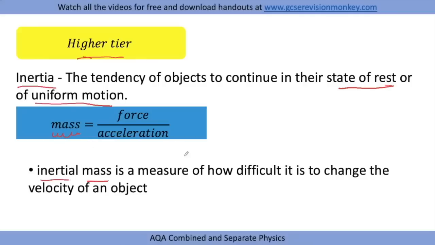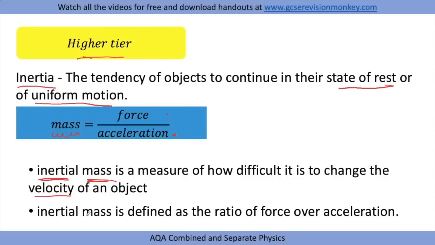And it is a measure of how difficult it is to change the velocity of an object. So acceleration is changing velocity, force is the force that you need to change that velocity. So that, when you calculate mass, is called inertial mass. And it is defined as the ratio of force over acceleration. So that's shown in this F equals ma equation. Inertial mass is calculated by force divided by acceleration.